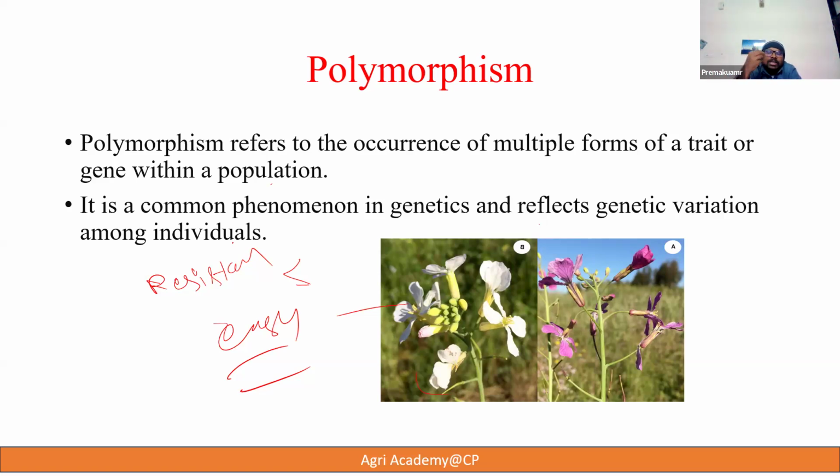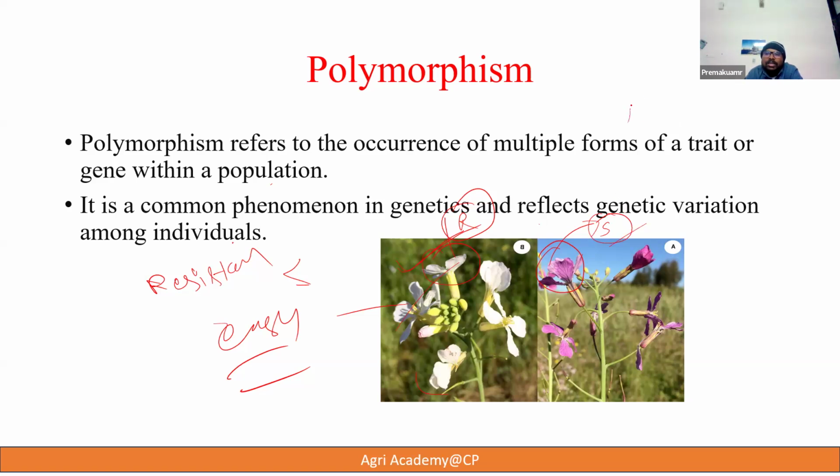Is there any proxy trait I can look at? Improving or selecting that trait may indirectly select the other trait. For example, taking flower color, there are so many examples. White color may be resistant and purple color susceptible. That means if you select white color flower plants, you are also selecting resistant plants. If you reject purple color flower plants, then you are rejecting all susceptible individuals.